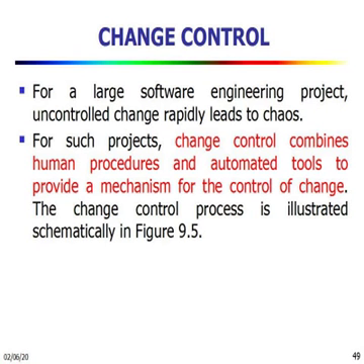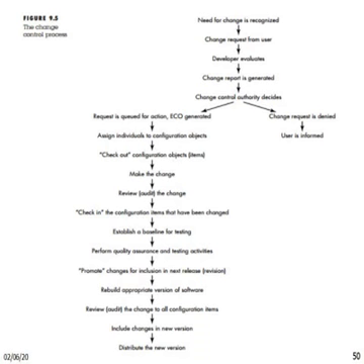The change control process is illustrated schematically in this figure. A change request is submitted and evaluated to assess technical merit, potential side effects, overall impact on other configuration objects and system functions, and the project cost of the change.